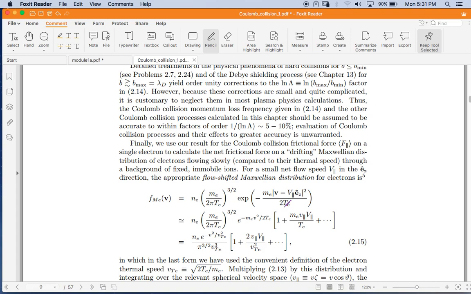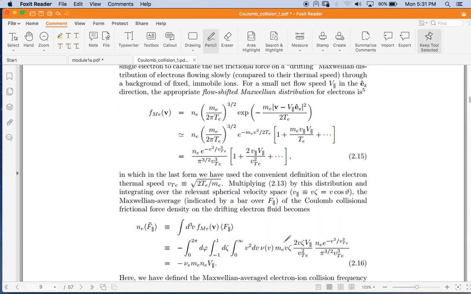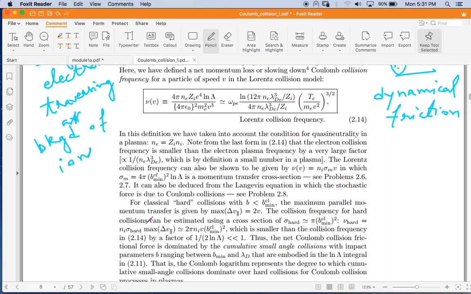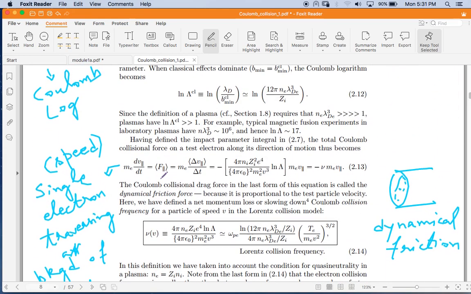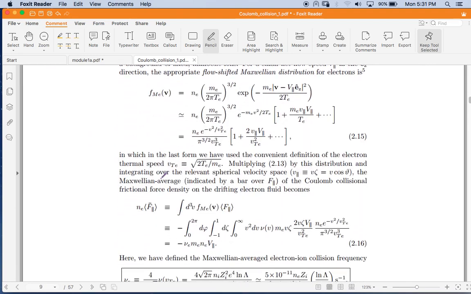the usual Maxwellian. So what you do is you expand this exponential in Taylor series, and in order to calculate the same quantity, the average parallel force, you carry out a volume integral.